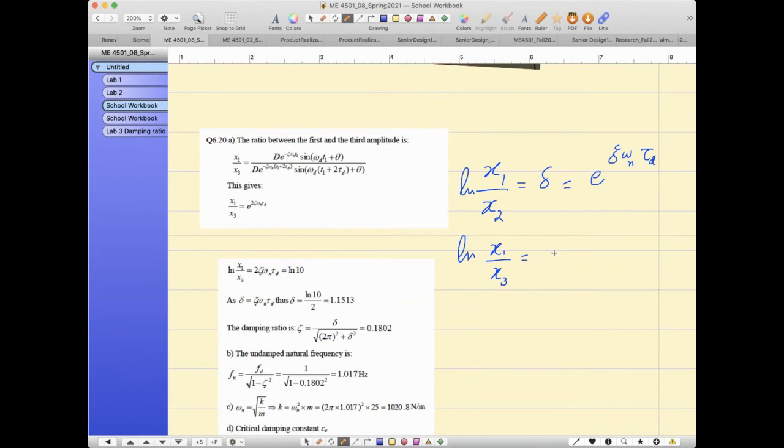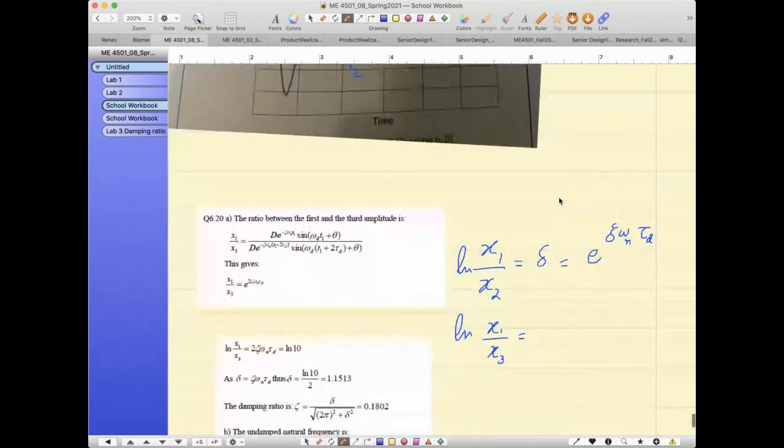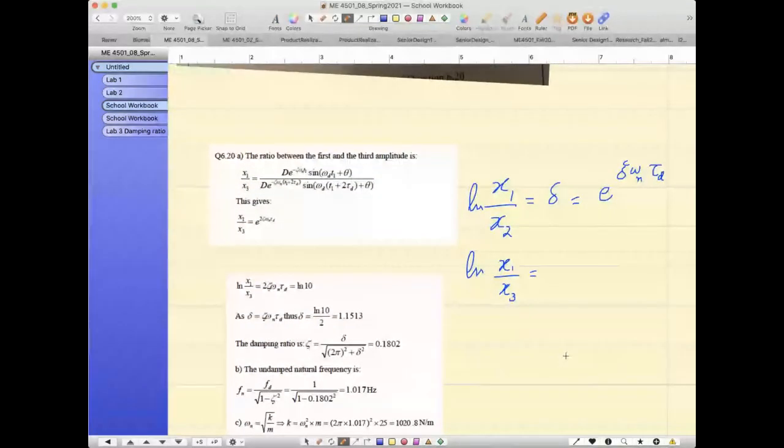time periods are there? This is time period 1, this is time period 2. So if you see a two time period difference, then the logarithmic decrement is e to the zeta omega n 2 tau d.